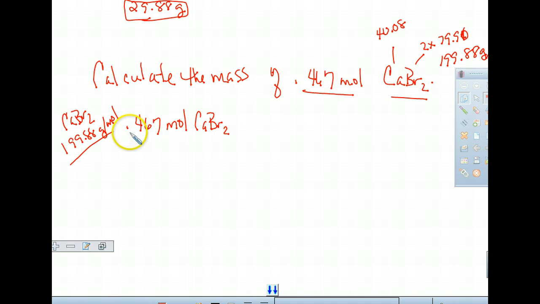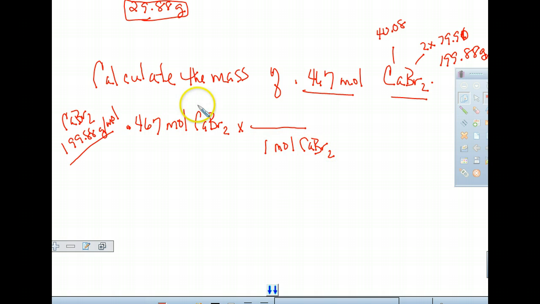So write down what they give me, 0.467 moles of calcium bromide. Put a times sign because you know you're going to have a conversion factor. And draw this. Now, I have this. Calcium bromide is 199.88 grams for every 1 mole. I can put either grams or moles on the top or bottom. In this case, I have moles on top, so I'm going to want to put that 1 mole of calcium bromide on the bottom.